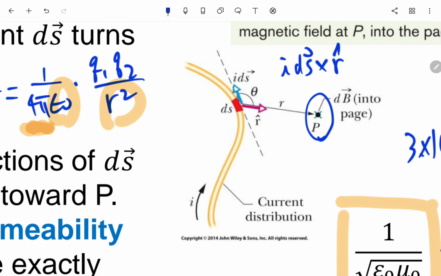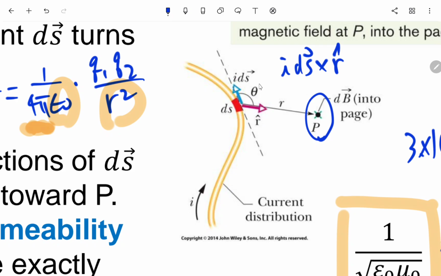We can also practice the right hand rule again. You use your fingers pointing in this direction and then cross to the right side. Your thumb is pointing into the page. So you can see here dB into the page like this, with a green cross here.